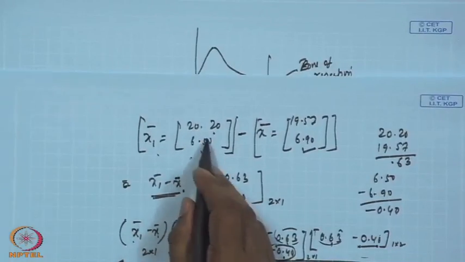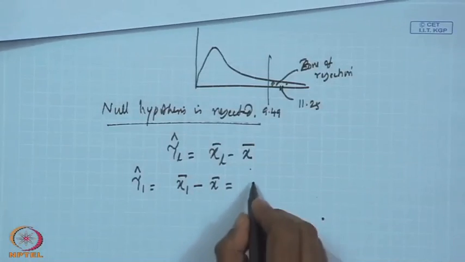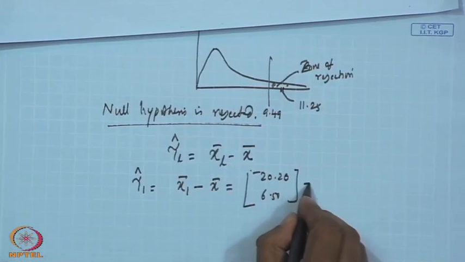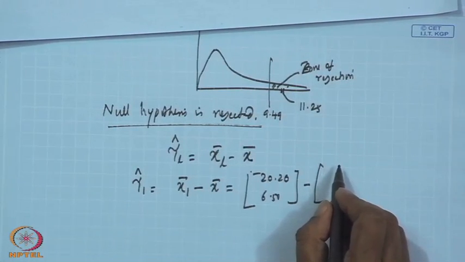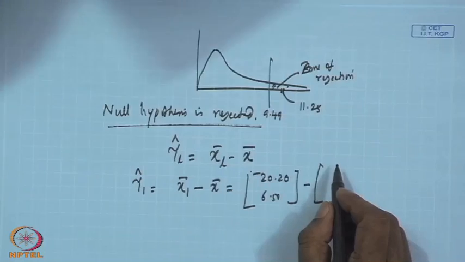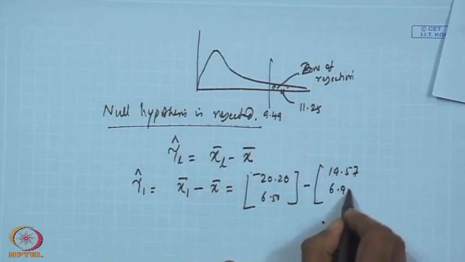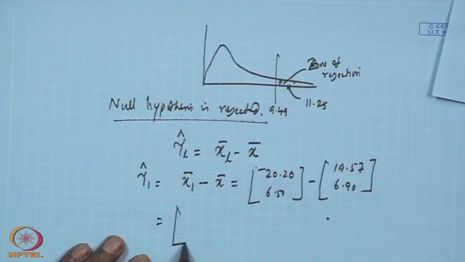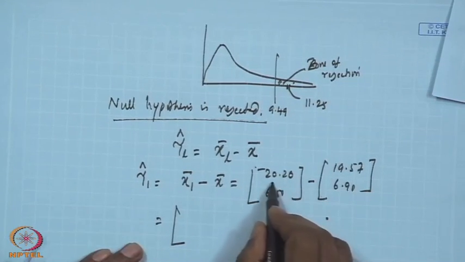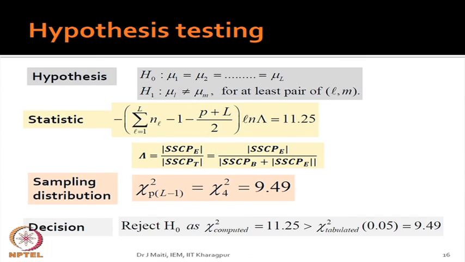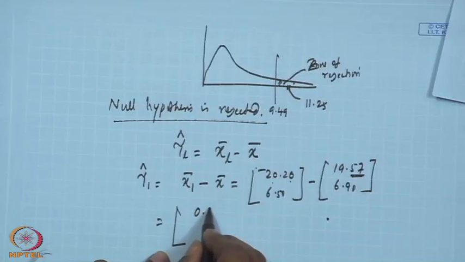Your x 1 bar is 20.20 and 6.50, minus x bar, which we got as 19.57 and 6.90. What will be this value then? This value 20.20 minus 19.57, so this value will be 0.63, and minus 0.40.